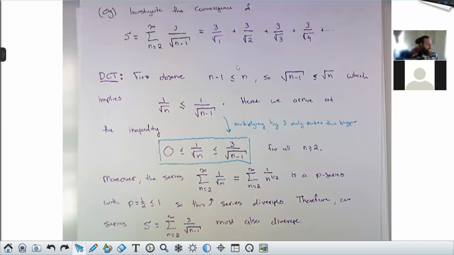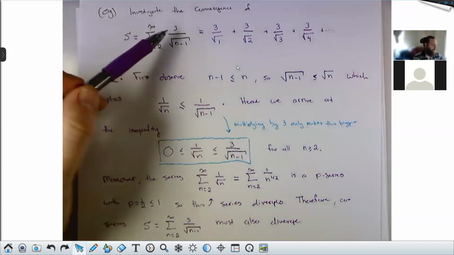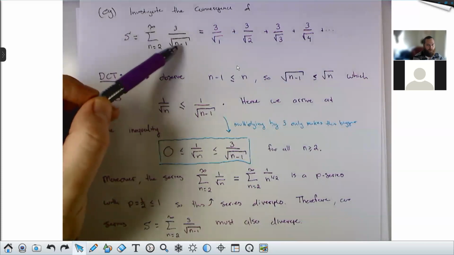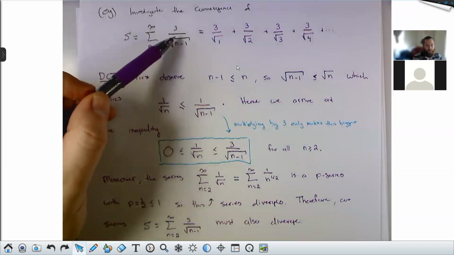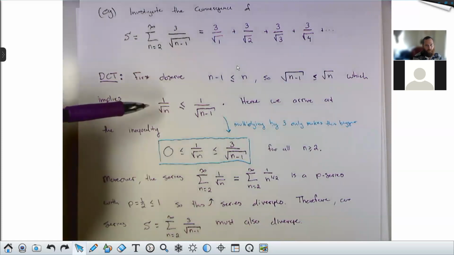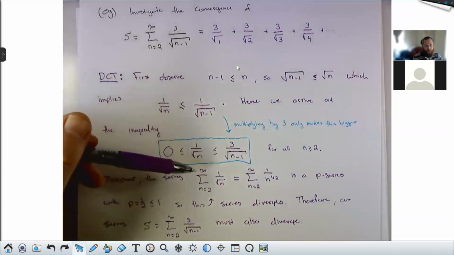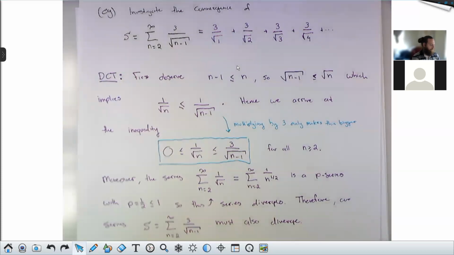That's the one you're going to compare to. So here, multiplying by 3 upstairs doesn't really change much. Subtracting 1 downstairs doesn't really change much. This thing is very, very similar to 1 over root n. So right away, we had in our head that we want to compare this series to the sigma 1 over root n series. To do that, we had to build this inequality.